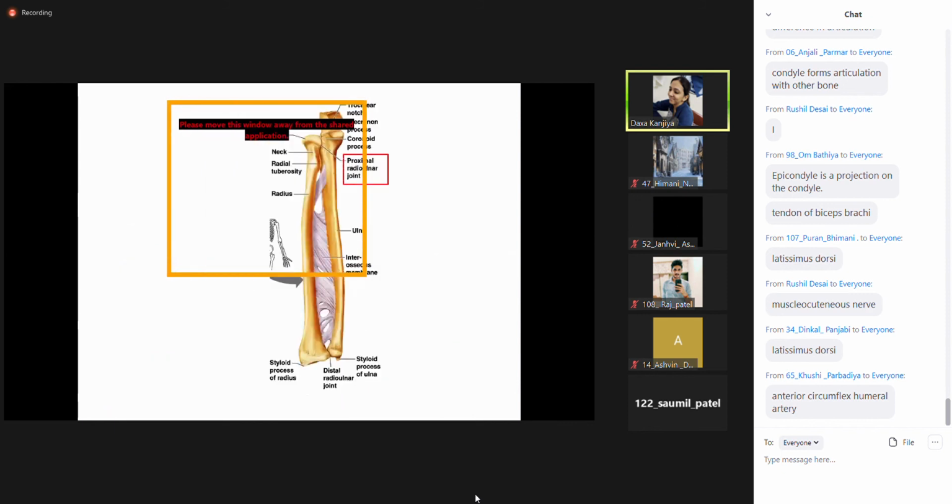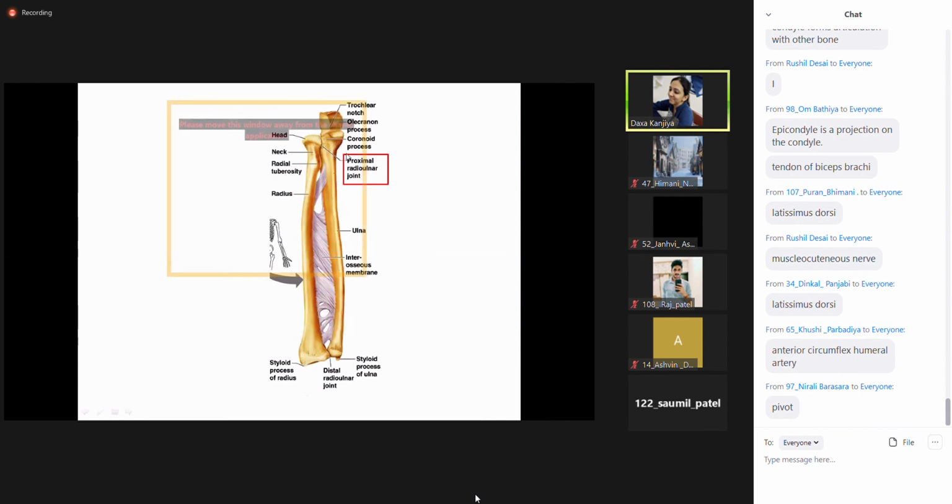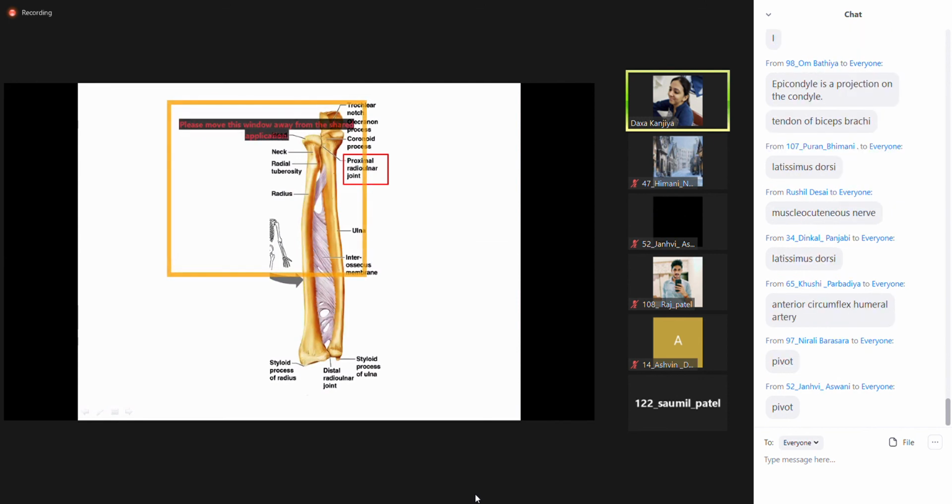Then the types of the superior radioulnar joint. Which type of joint is it? There are three radioulnar joints, right? Superior, middle, and the inferior radioulnar joint. So what is the type of the superior radioulnar joint? Pivot variety of synovial joint.